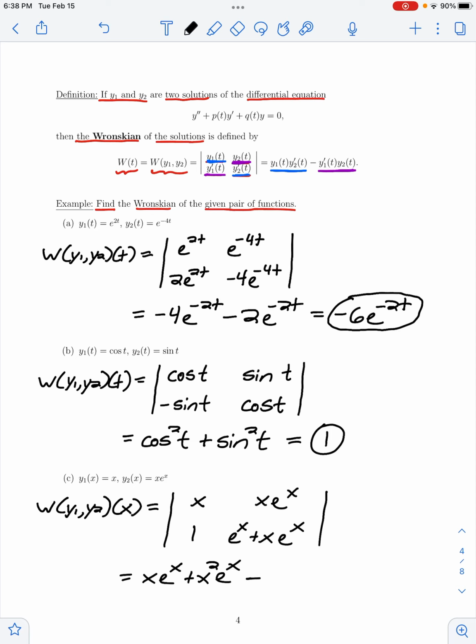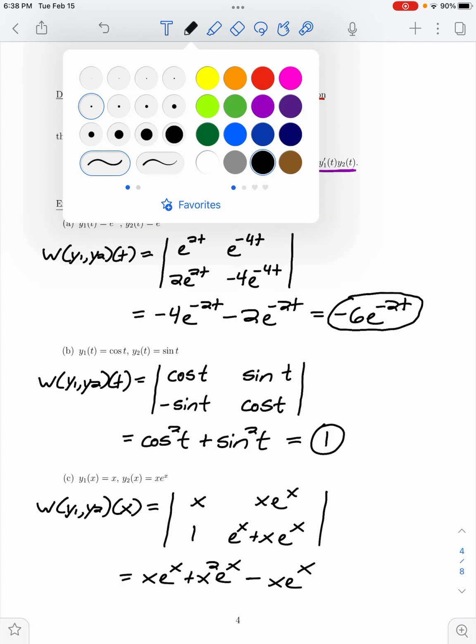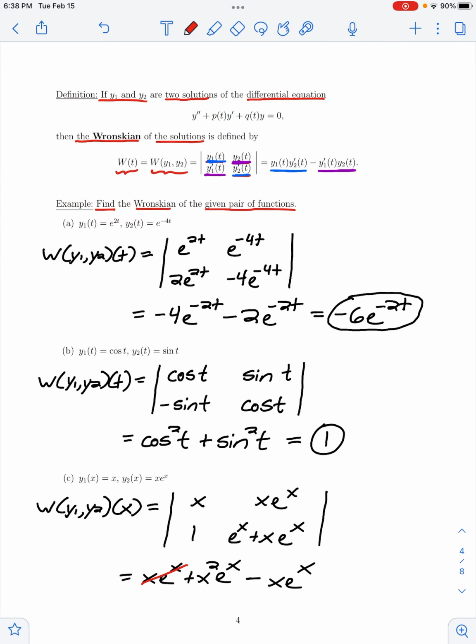And then we're subtracting the product of the off-diagonal entries, so 1 times x e to the x. And then, of course, we can see that a factor of x times e to the x cancels, and we are left with x squared times e to the x.